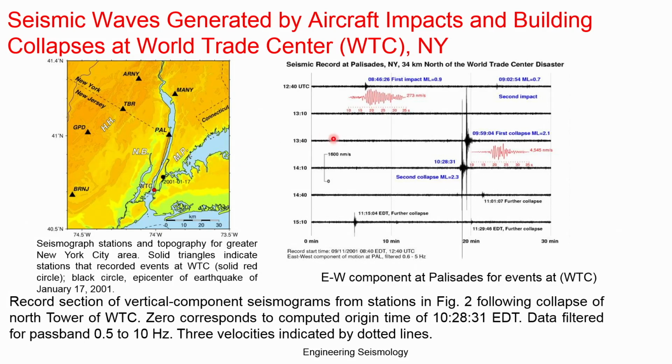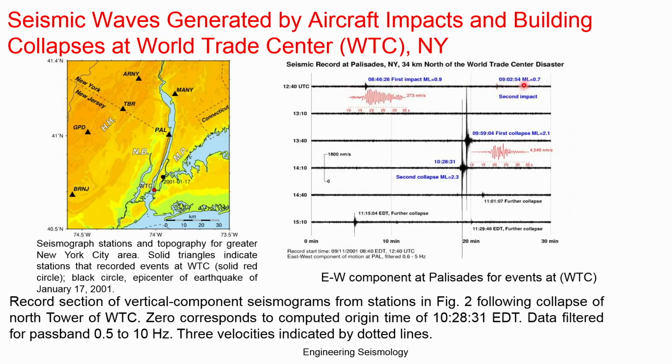You can see the first impact at 8:46. It was measured as a magnitude of 0.9. You can see the waveform, a very symmetrical waveform, as we told you. Then at 9:02, the second impact.